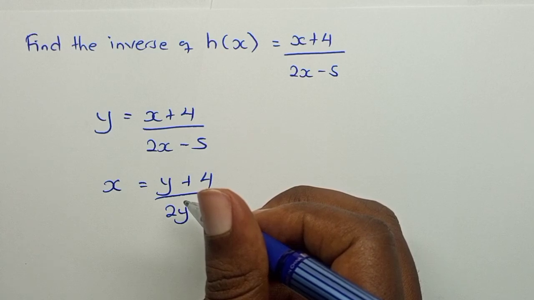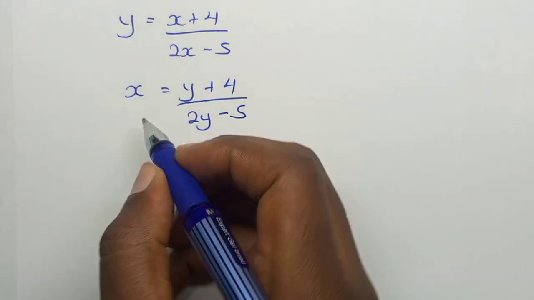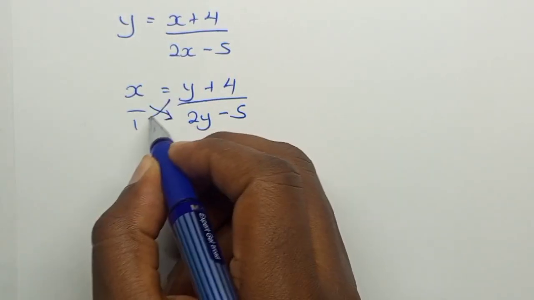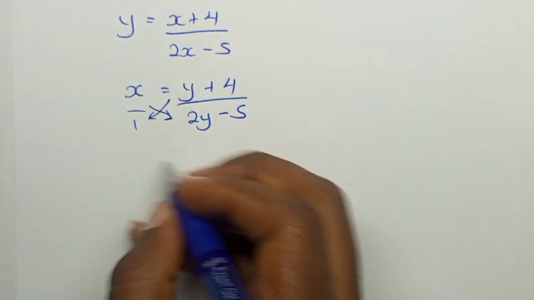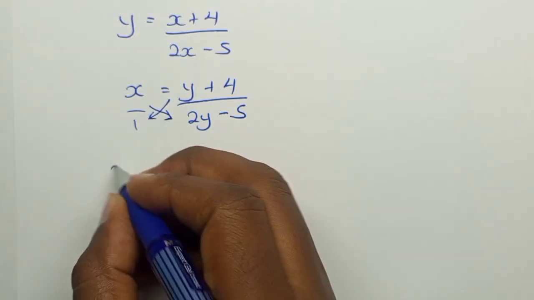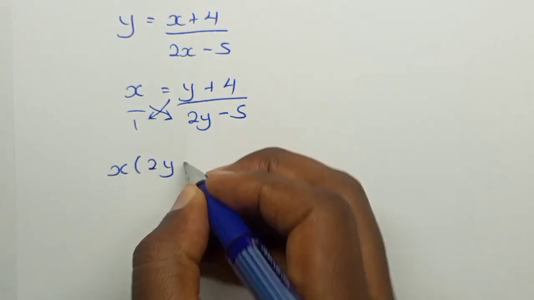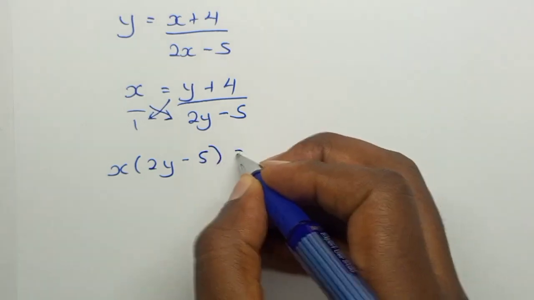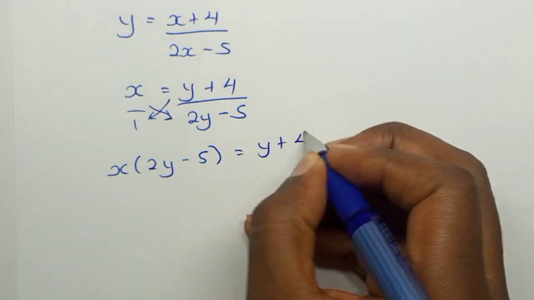And therefore, we need to solve for y. So this is over 1, we cross multiply, and this will be x times 2y minus 5 equals y plus 4.